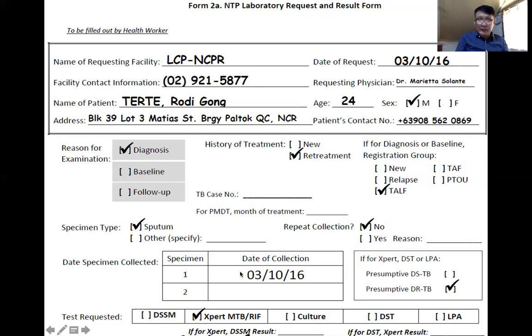Then after filling out, you also have to indicate what tests you are requesting. So you just have to check whether DSSM, Xpert MTB-RIF, culture, DST, or LPA. In this sample, it is for Xpert, so we check Xpert.